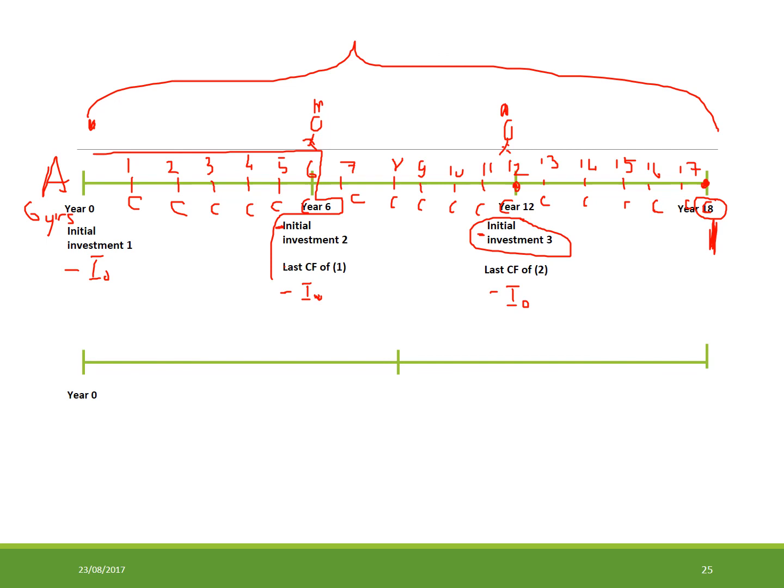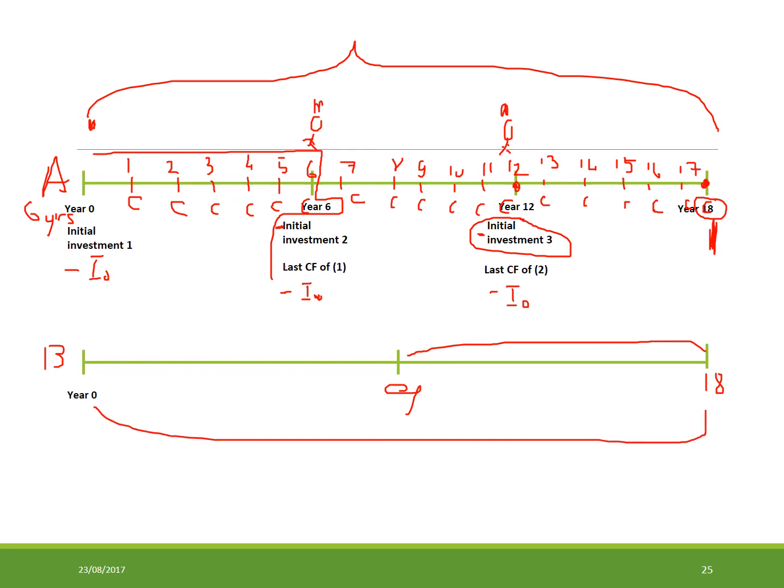We do the same thing for project B. Project B has 9 years, right? So once we run out of 9 years, we then replace project B with an identical project so that it runs for 18 years, yeah? So once we do that, we then again have another project with 18 years, which is equal to the life of the first project, yeah?